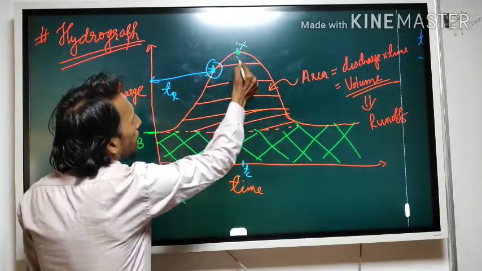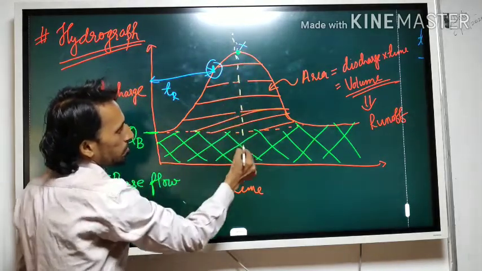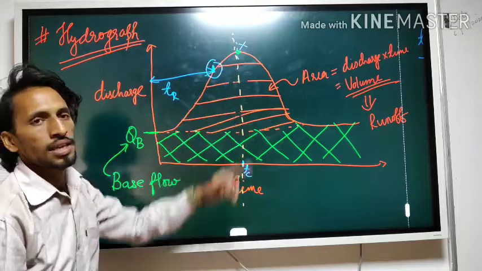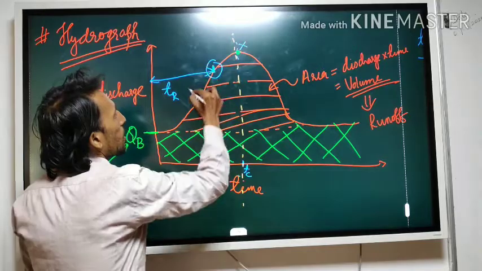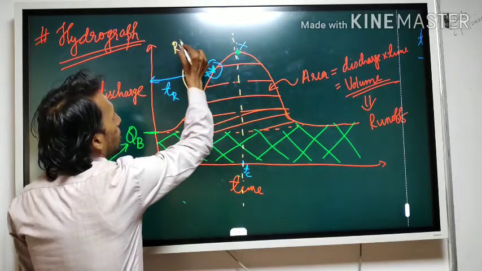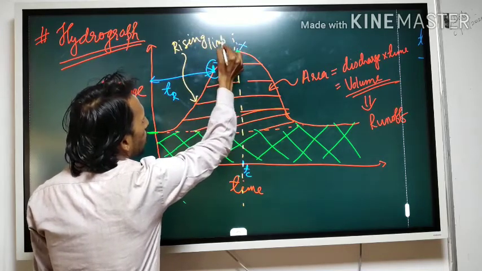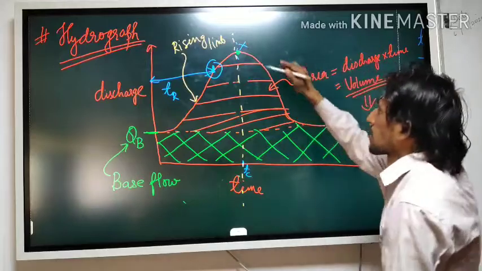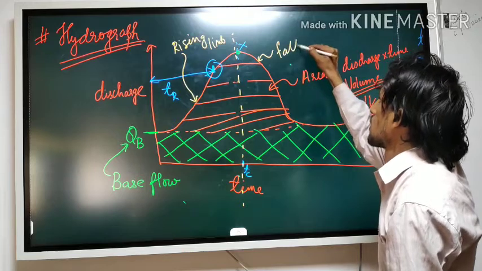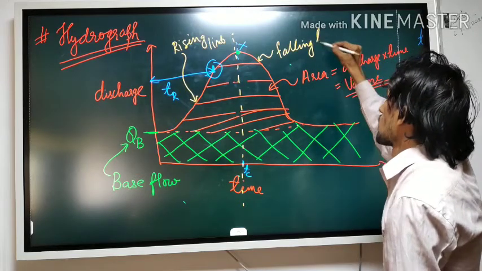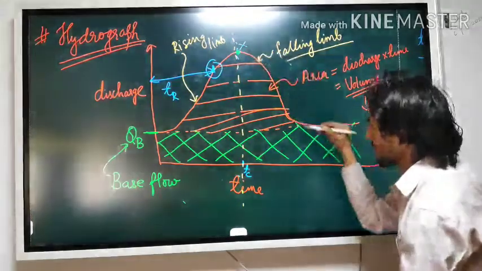Let us say I break this graph in two parts from the point P, and I call this one the rising limb, and this one after this point I call the falling limb, when the hydrograph is decaying.